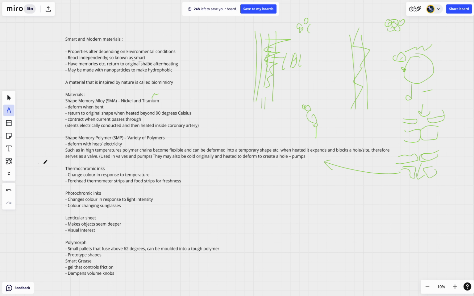The other thing is thermochromic inks. It changes color in response to temperature, and you often see these in boxes for transportation, where there's a strip to indicate the internal temperature inside, or if it has ever exceeded a certain temperature for the food to spoil or become less good. It is often used in insurance and food transportation companies, but that's another thing.